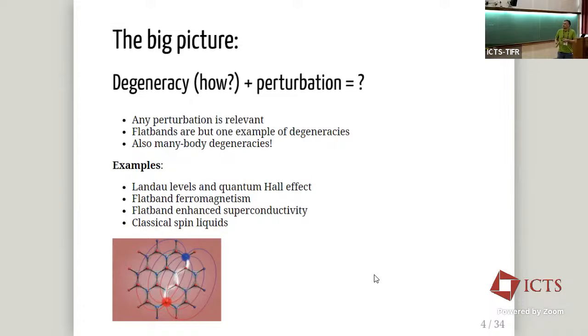I'm going to talk about just one example at the single particle level, but one can also design macroscopic degeneracy in many body settings. A few examples I'm typically showing are Landau levels and quantum Hall effect, flatband ferromagnetism, flatband inherited superconductivity, and also I think the classical spin liquids with, say, the emergent monopoles is also one example of what happens when you have macroscopic degeneracy.